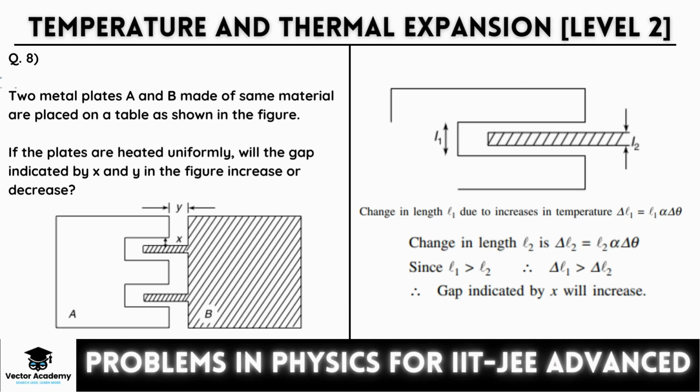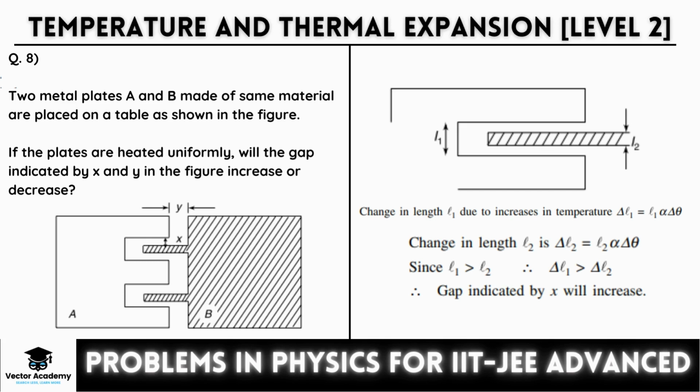Since both A and B are made up of the same material, their coefficient of linear expansion will be the same. Let coefficient of linear expansion of both A and B be alpha. Change in length L1 due to increase in temperature is given by delta L1 equals L1 into coefficient of linear expansion alpha into change in temperature delta theta.